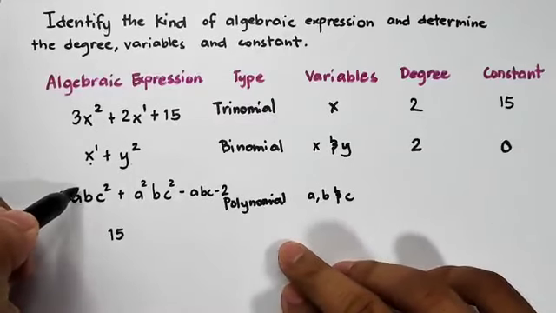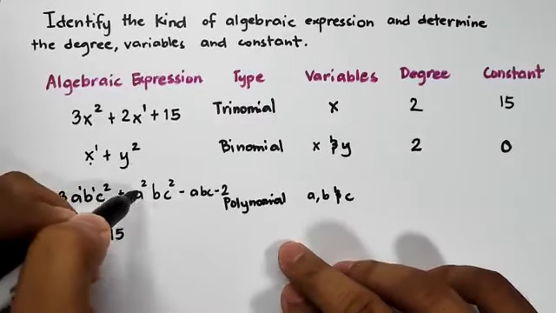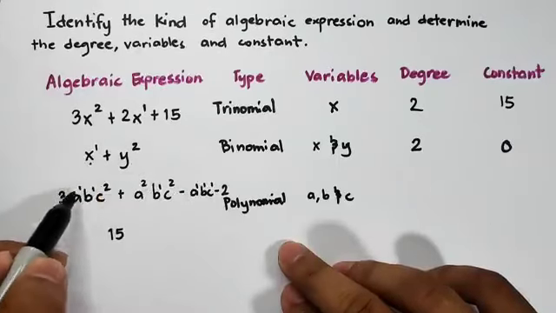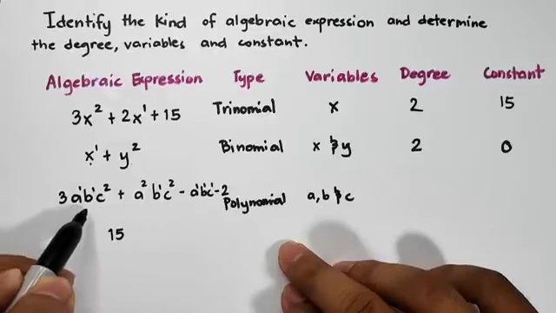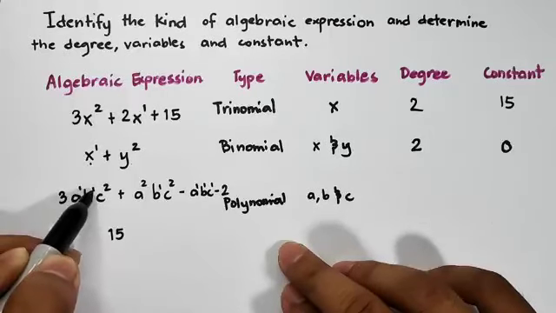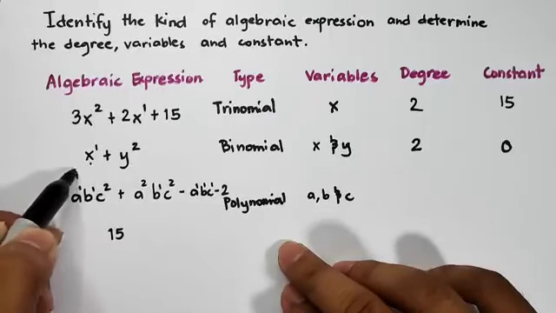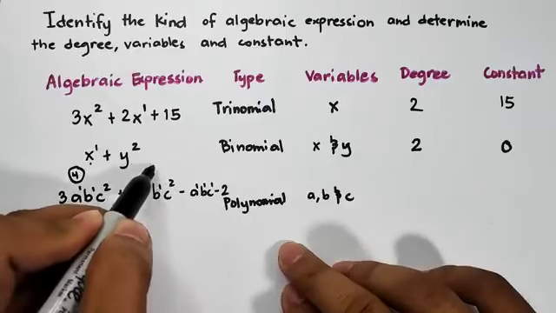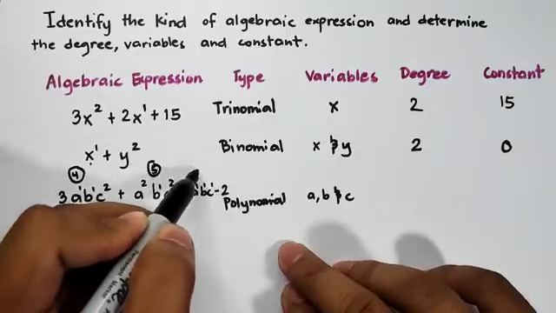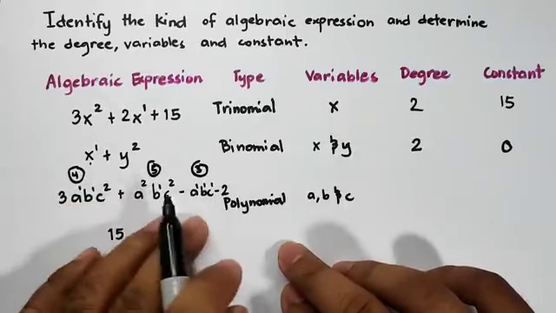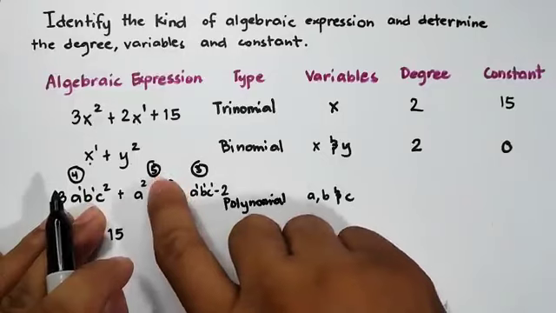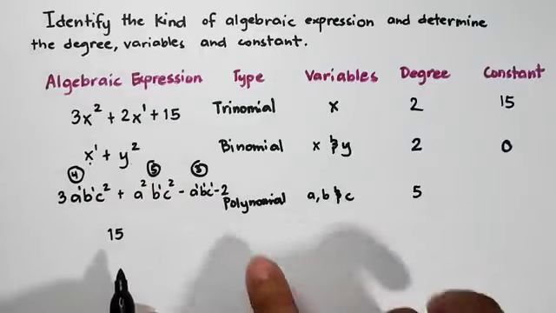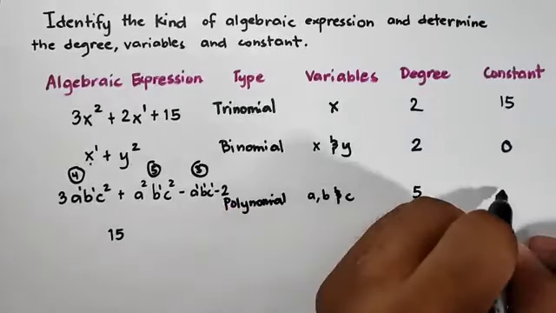Pakita natin na 1, 1, 2, 1, 2, 1, 1, 1. So dito, kung i-add mo yung mga exponent ng bawat term, 1 plus 1 is 2 plus 2, that is 4. Dito naman, 2 plus 1 is 3 plus 2, that is 5. 1 plus 1 plus 1 is 3. So, comparing these numbers, the greatest is 5, meaning the degree is 5. So, what about the constant? The constant is negative 2.